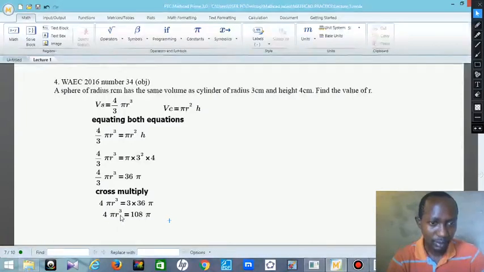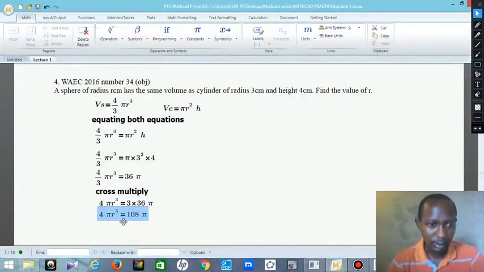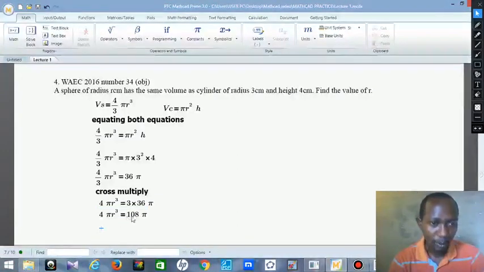Now we divide both sides by 4 pi, so that pi can cancel out this pi.